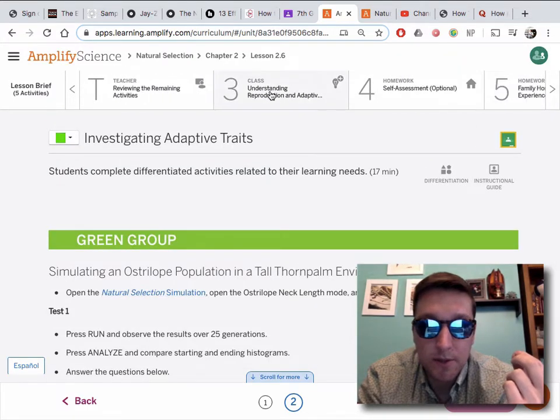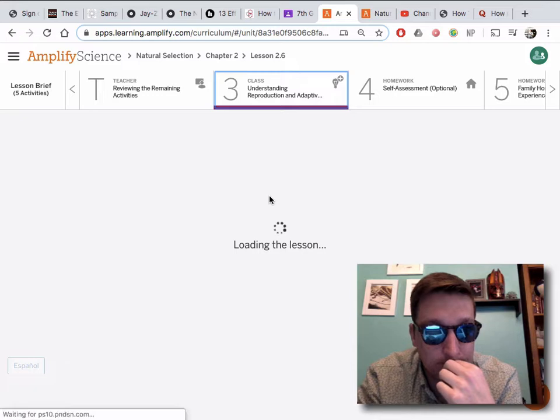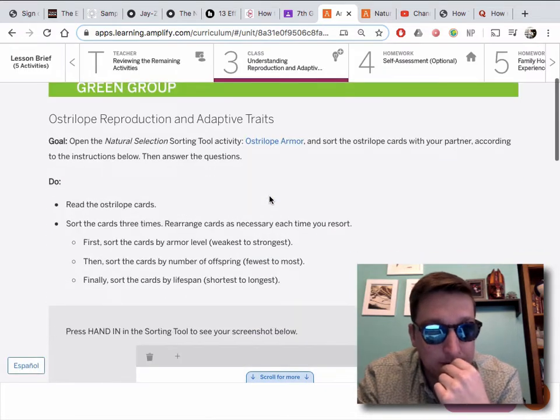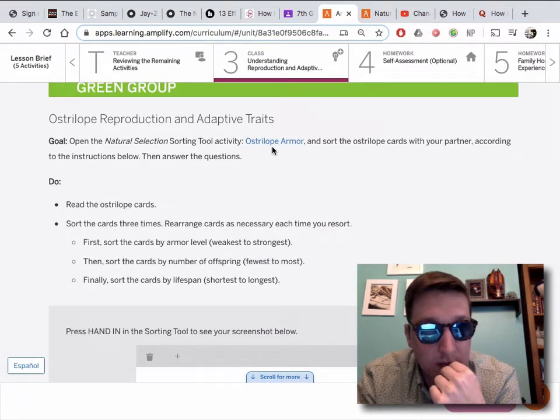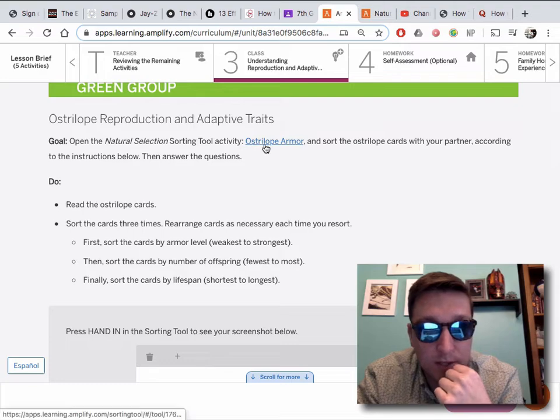And let's jump to part 3. So in part 3, there's a sorting tool.